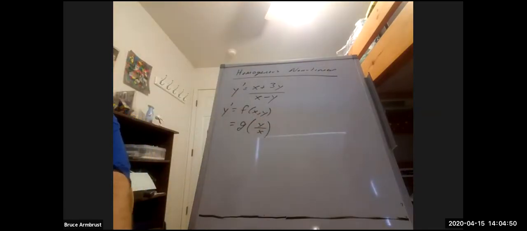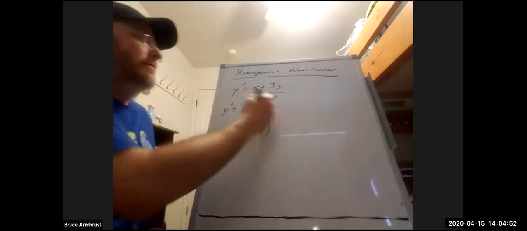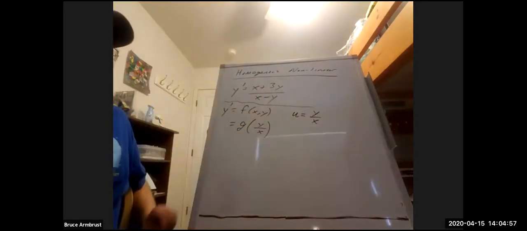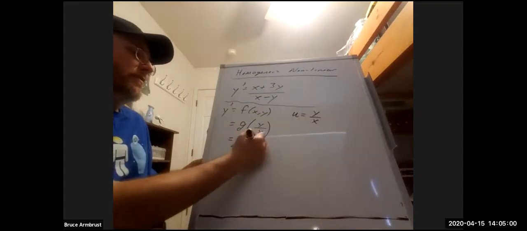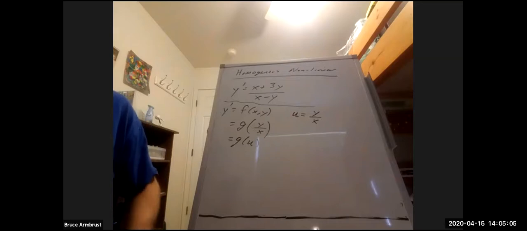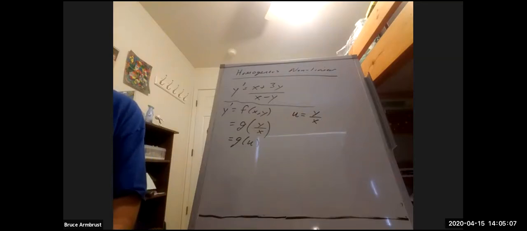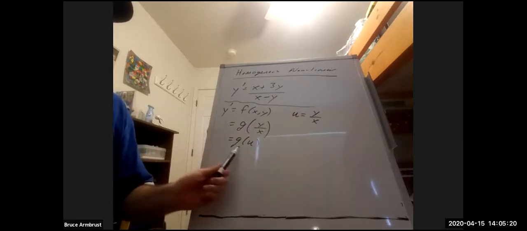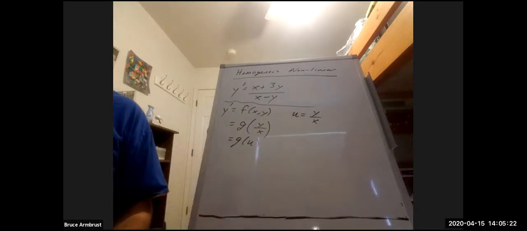So basically, we can create a new variable, call it u, where u is equal to y over x, so that this thing is in terms of only that one variable. So that's what it's going to mean for this to be homogeneous when we're talking about nonlinear: by doing this transformation, this substitution, we can turn y prime into just a function of this new variable, which I'm calling u.